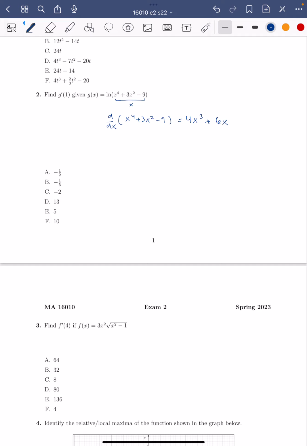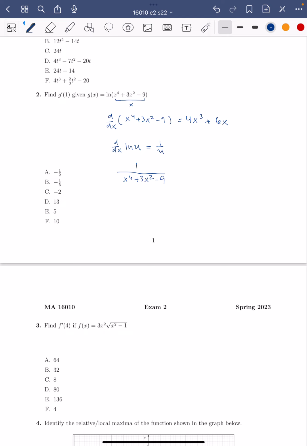Okay, now we want to take care of the natural log part. The derivative of natural log of u equals 1 over u. So we put 1 over everything inside of the parentheses: 1 over x to the fourth plus 3x squared minus 9.